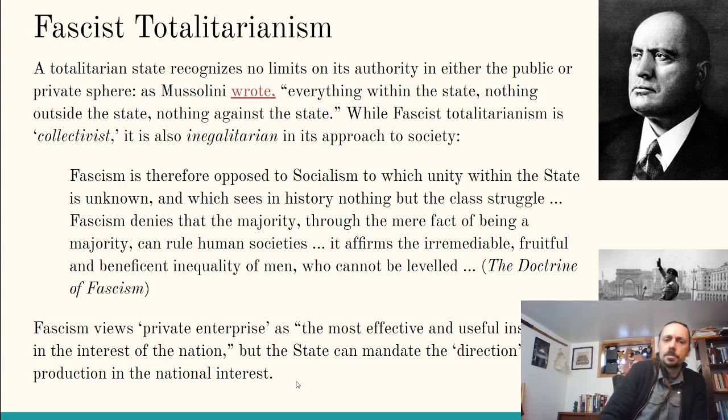As Mussolini writes in the Doctrine of Fascism, he says, look, fascism is opposed to socialism, to which unity within the state is unknown, and which sees in history nothing but class struggle. Fascism denies that the majority, through the mere fact of being a majority, can rule human societies. It affirms the irremediable, fruitful, and beneficent inequality of men which cannot be leveled.